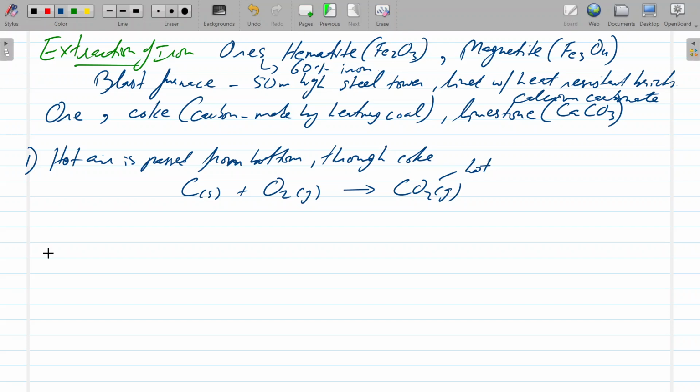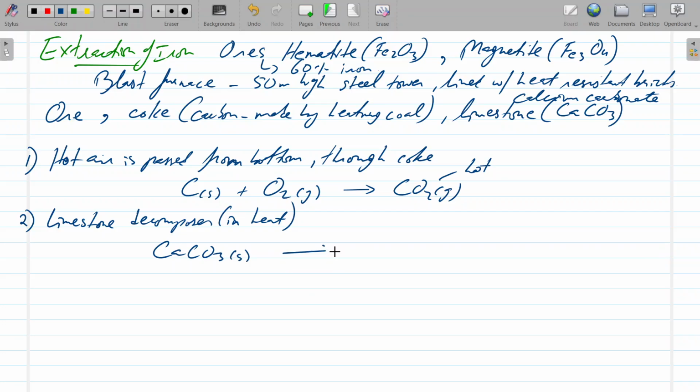Next up, in the heat, the limestone decomposes. The calcium carbonate, decomposition means that it's not reacting, it's just breaking up.